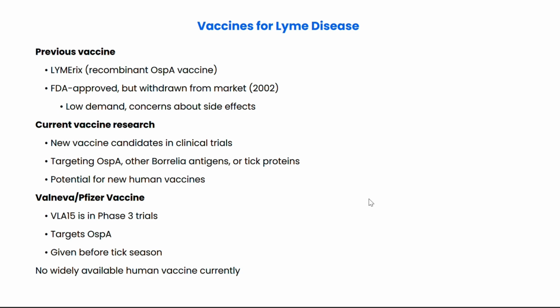While these new vaccine candidates hold promise, it's important to understand that they are still under development and we don't have a widely accessible human vaccine at this time. This is an area of active research, and hopefully an effective vaccine will become available in the future.